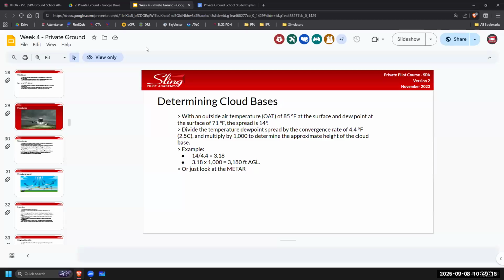So for marginal, 3 to 5 statute miles visibility, and then 1,000 to 3,000 feet for the ceiling, meaning the cloud base. So we see the visibility is 10 statute miles, so the visibility is good, but the clouds are broken at 1,600. That's between 1,000 and 3,000. That's why we have marginal VFR being reported.